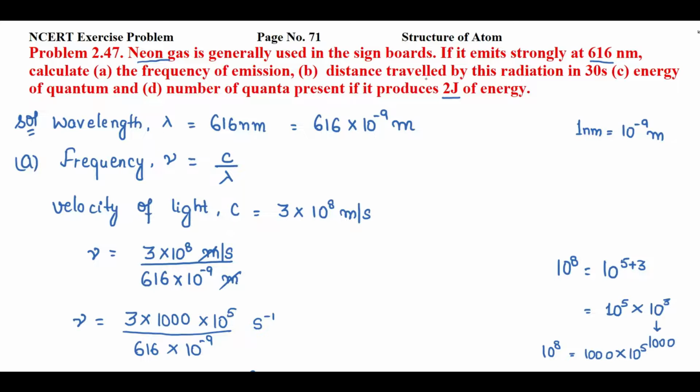Now we will see the B part of this question. In B part, they are asking you to find the distance traveled by the radiation in 30 seconds. Simply, I know that distance equal to speed into time, right? Now, here this radiation is having speed equal to velocity of light, right?